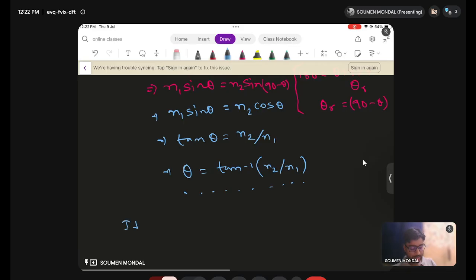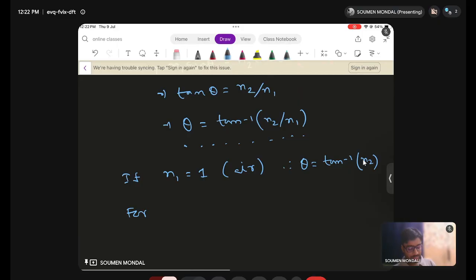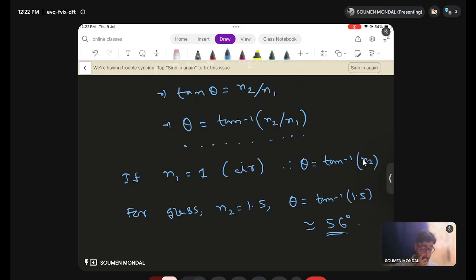If the medium 1 is air, then its refractive index is 1. In this case, theta is going to be tan inverse N2. Now for glass, we are already aware the refractive index is around 1.5. So theta is tan inverse 1.5, which will be around 55 to 56 degrees.